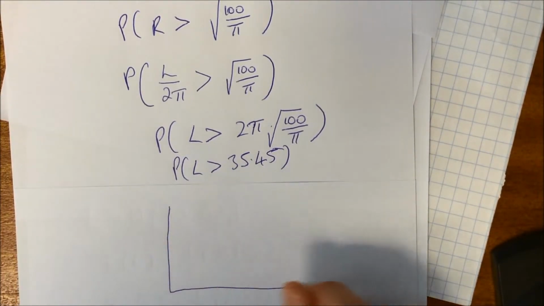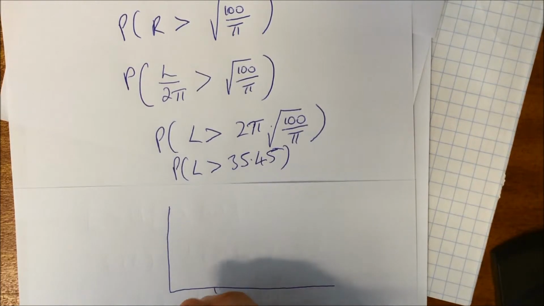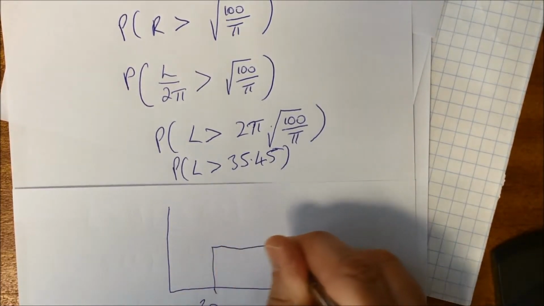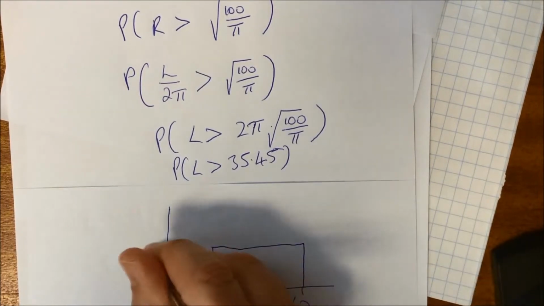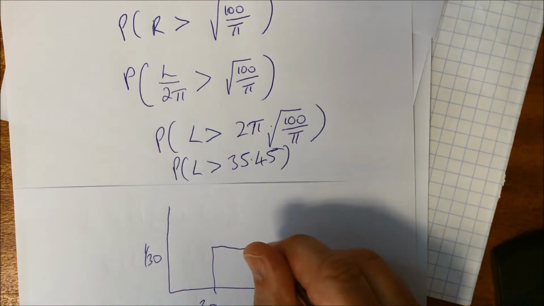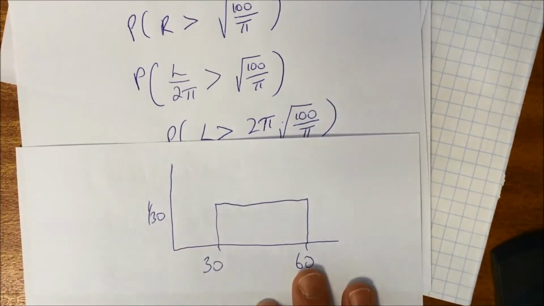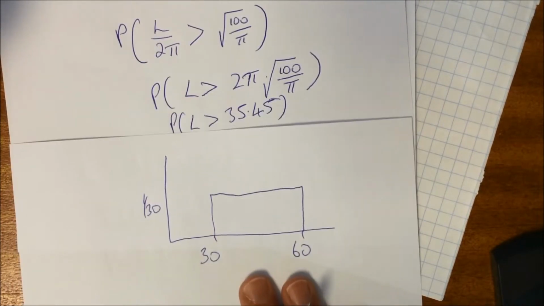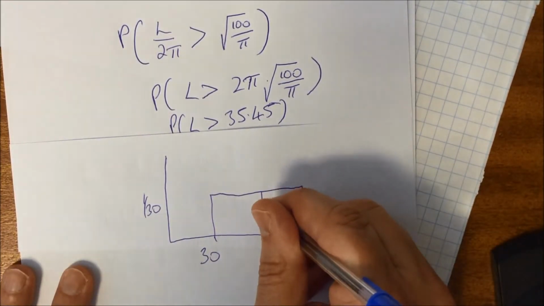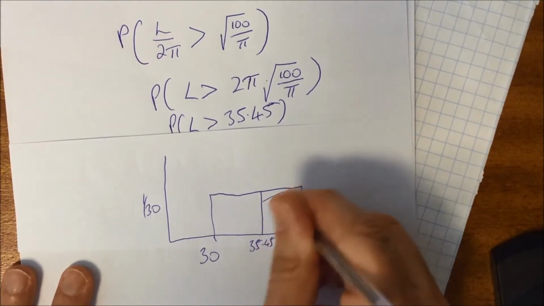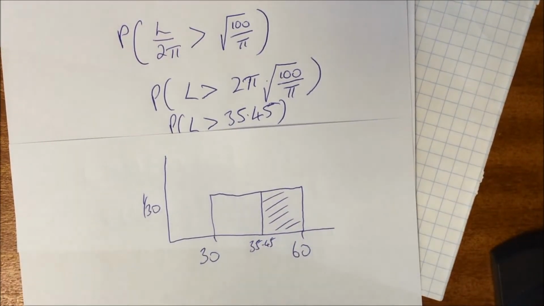And just to remind you, I'm going to do a quick sketch diagram. So L is between 30 and 60. It's this uniform or rectangular distribution, so the height of that is 1/30. So the probability then that L is greater than 35.45, I'll just draw that line down roughly, is this area there, the shaded area.